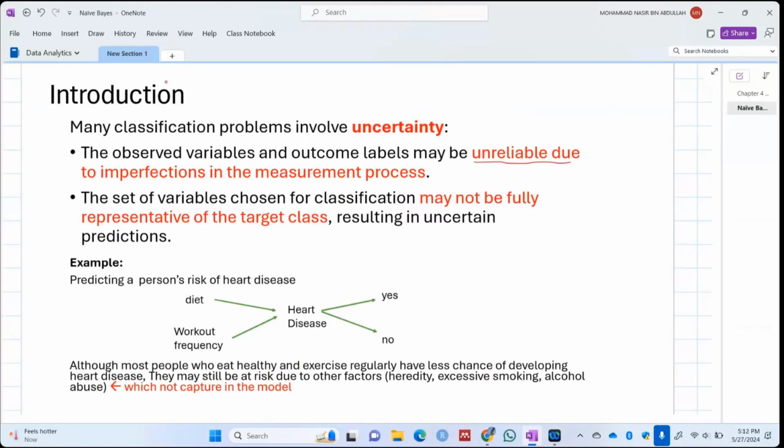whether a person, what is the risk of a person getting heart disease or no heart disease. So maybe I involve two independent variables, diet and workout frequency.